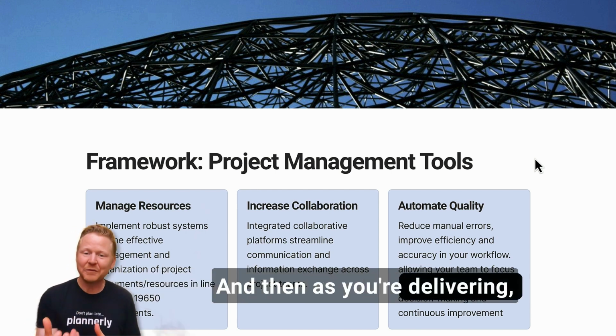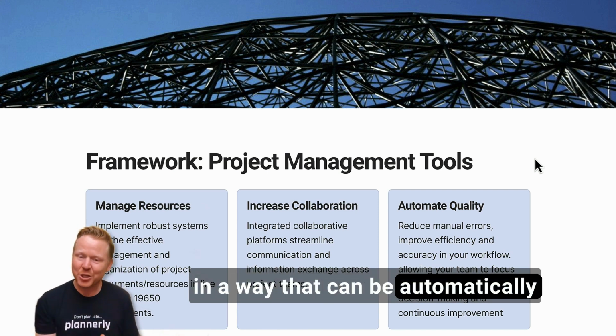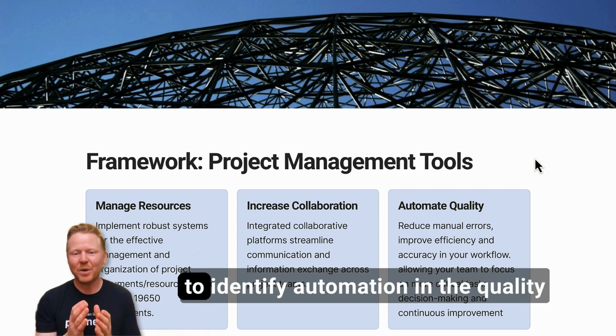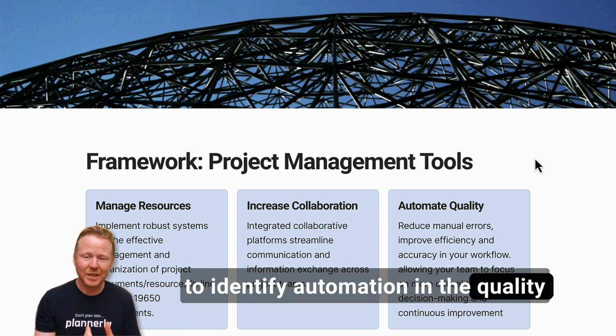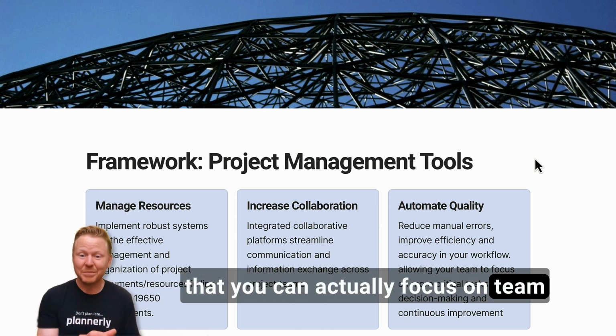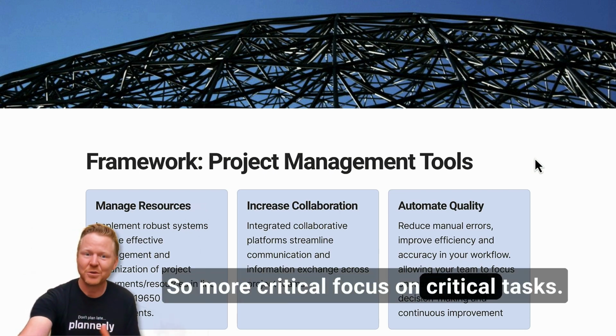And then as you're delivering, hopefully those requirements have been set up in a way that can be automatically checked through the quality process. So this is really where you start to try to identify automation in the quality assurance that will reduce the manual errors, improve efficiency, and make sure that you can actually focus on team decision-making tasks and continuous improvement. So more critical focus on critical tasks.